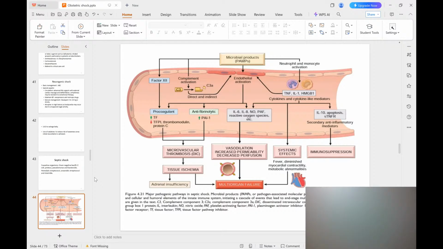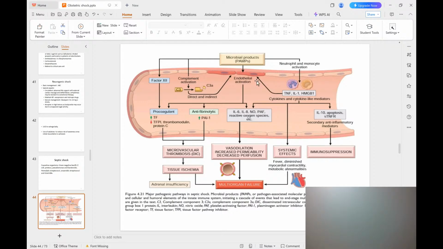So this is the picture that shows the pathogenesis in septic shock. Whenever there are microbial products that release PAMPs, that is pathogen associated molecular patterns, they will activate the endothelial cells. Endothelial cells when activated, also activate neutrophils and monocytes, and factor 12 and complement activation, and overall there will be a cascade of events.